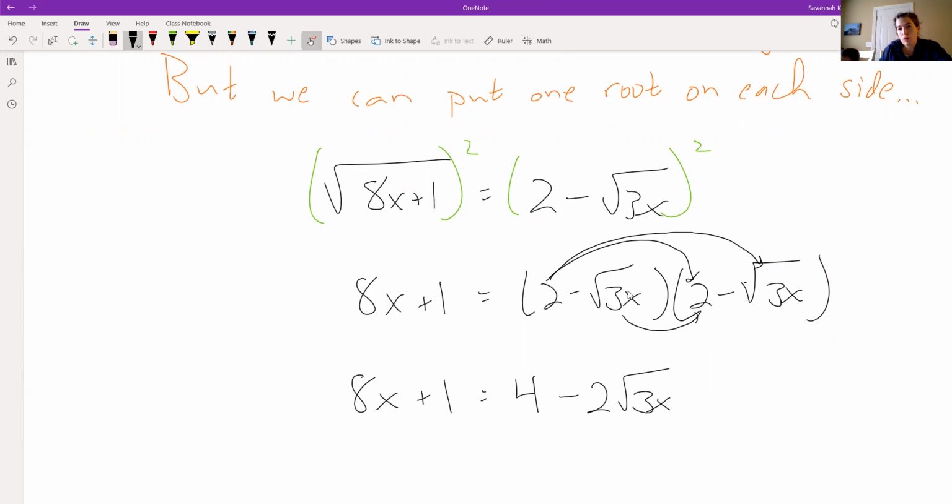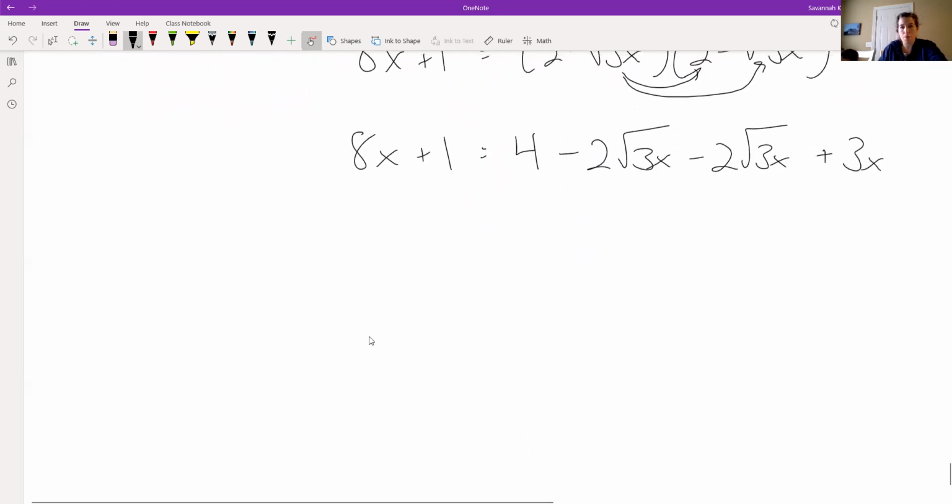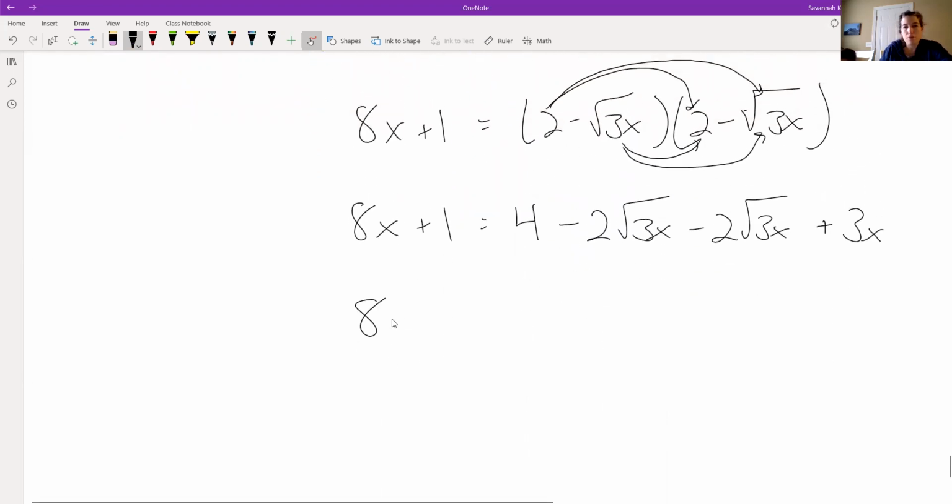A negative square root of 3x times a 2, so the negative goes first, then the 2, then the square root part, and then finally we have a negative square root of 3x times itself, essentially. Negative times a negative yields a positive. Square root times a square root just releases that inner expression.